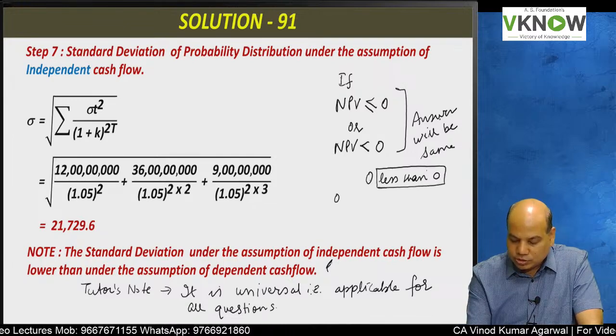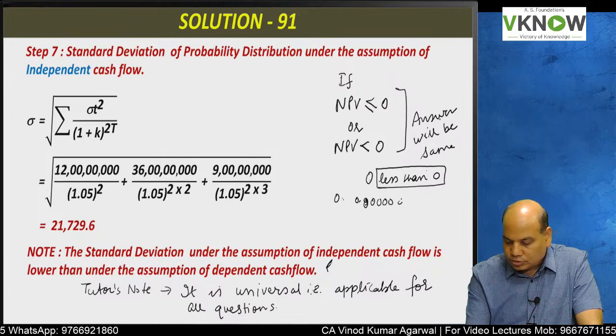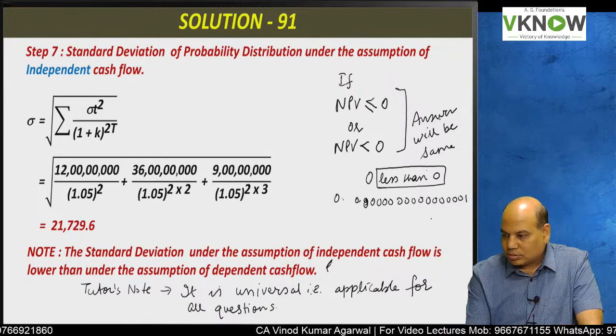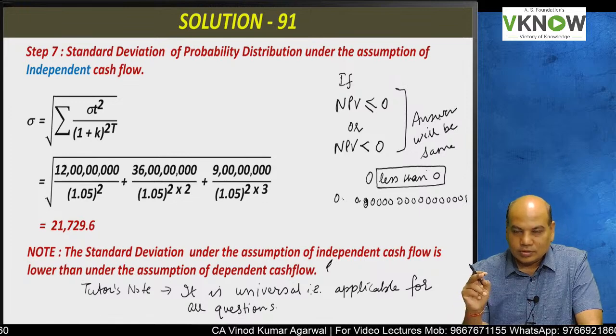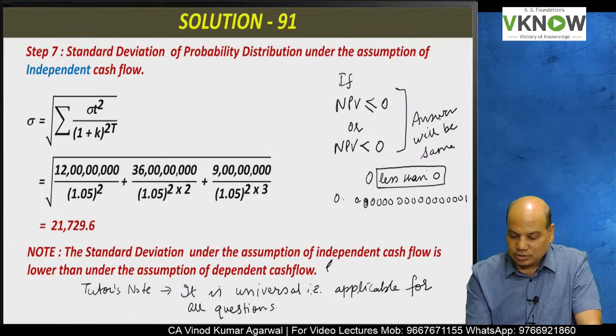I will show you. Suppose this is 0, the next number can be 0.000000000 and so on, because next number can be anything. Normal distribution deals with continuous variable.